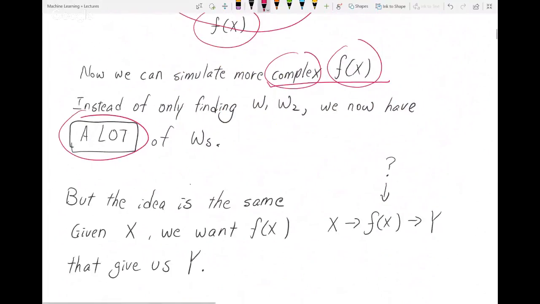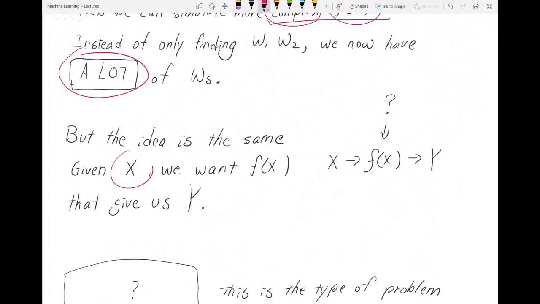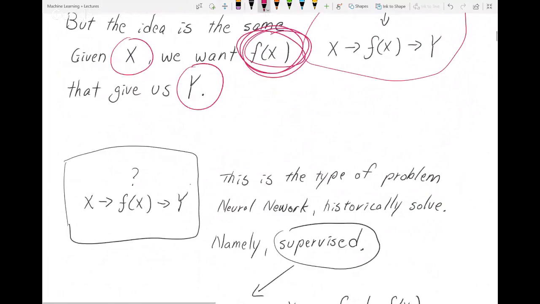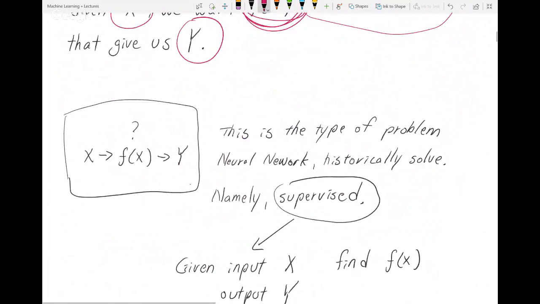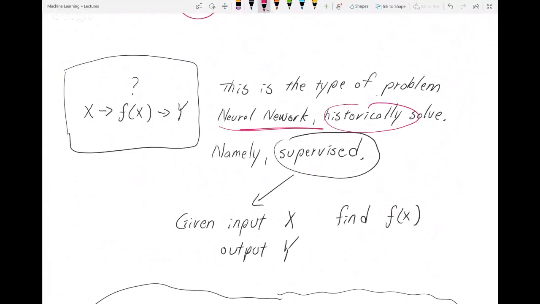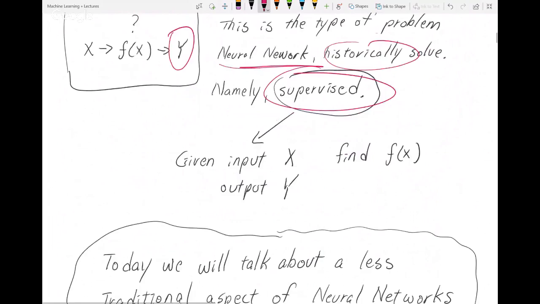And the idea is also the same, like I said: given x, we want to find f of x that gives us y. This has been the typical problem in neural networks historically, and it's called supervised. You know the output. The output is being supervised. You can kind of see it that way, and we want to find f of x.